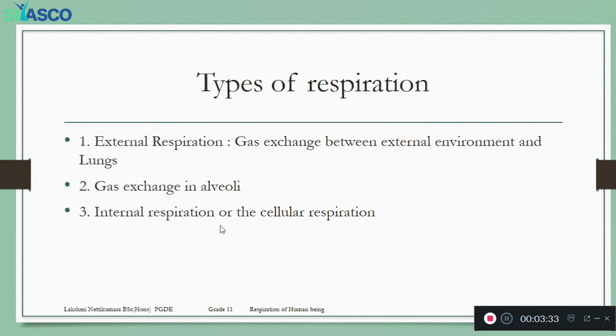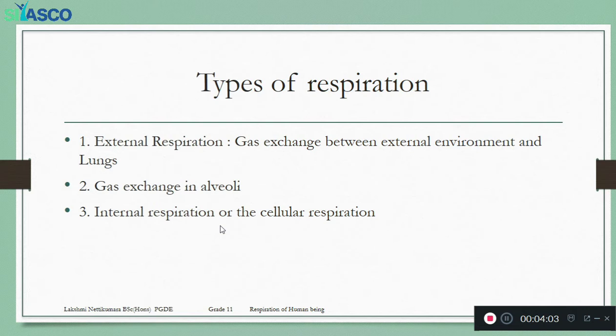So let's see the types of respiration. For ease, we can categorize it into 3 main categories. Normally, what you have learned about respiration in your lower grades is just inhalation and exhalation, or breathing in and breathing out. But at the end of this session, you will learn that is not the real respiration.